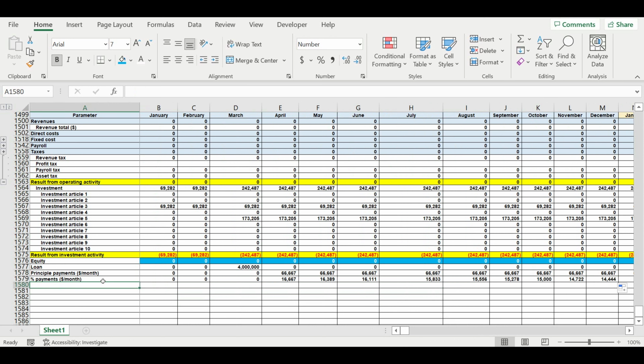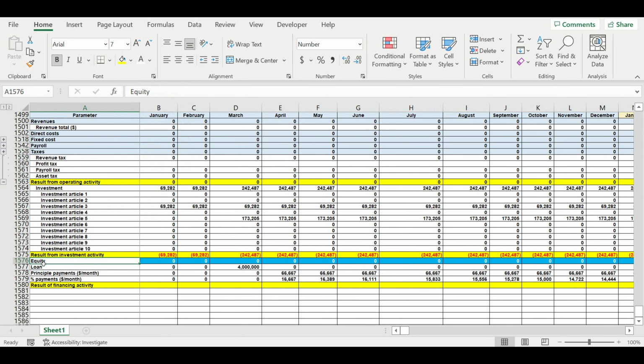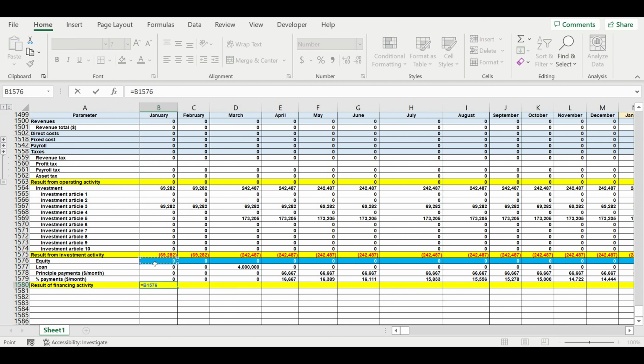Here we will place the result of financing activity. This will be equity plus loan minus payments minus payments. This is the third important line.